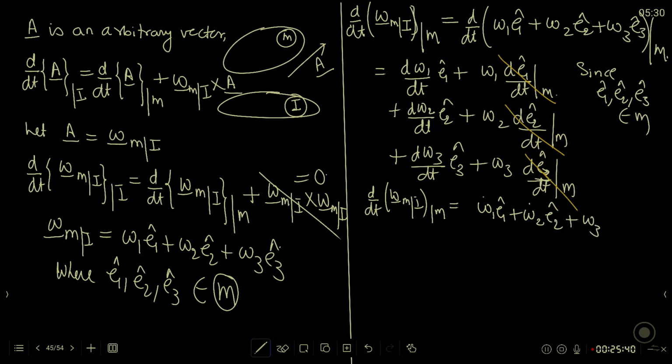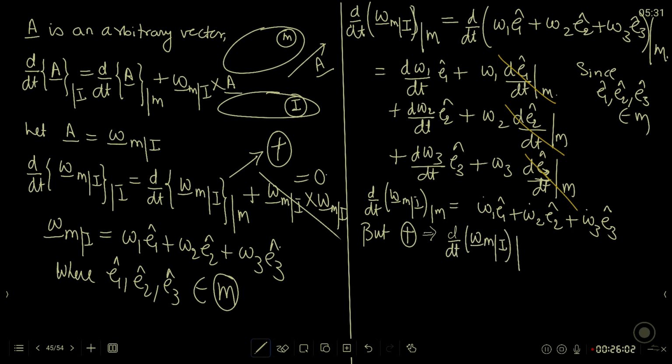Let me call it as plus relationship. Plus implies that d dt of omega mi with respect to I is equal to d dt with respect to m.